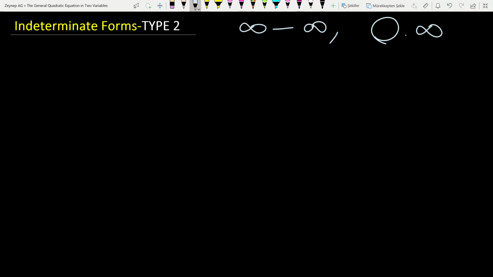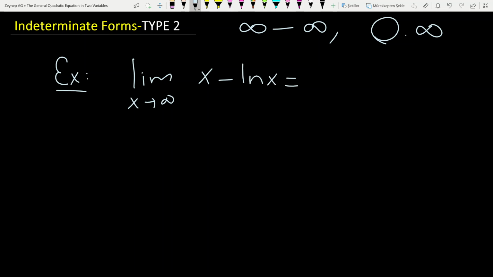Let's look at this type of limit. First, the limit when x tends to infinity of x minus ln x. As you see, when x tends to infinity, this part tends to infinity, and of course ln x tends to infinity.